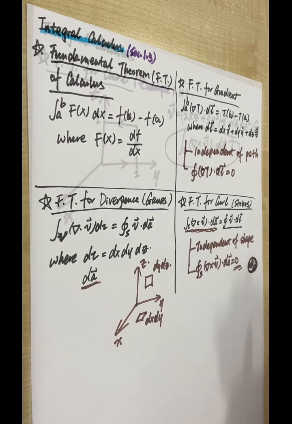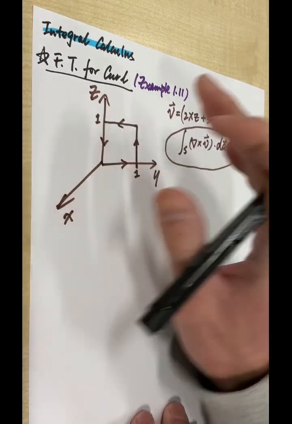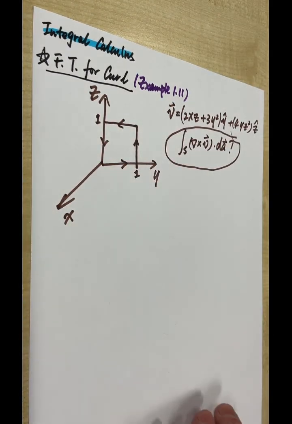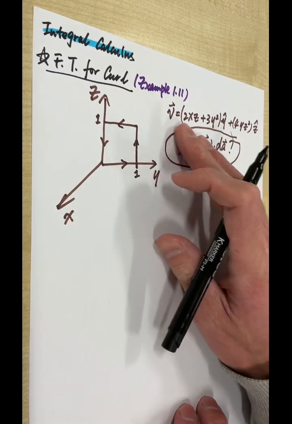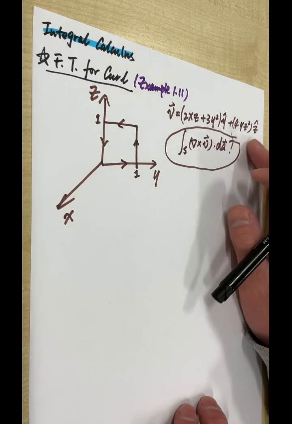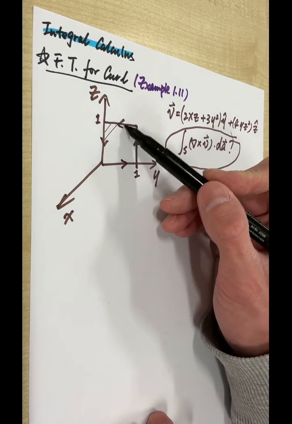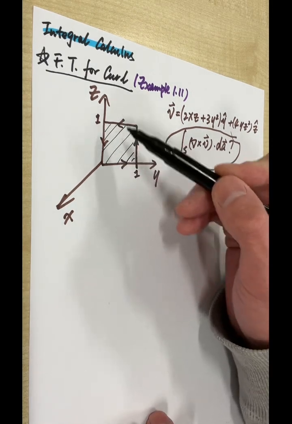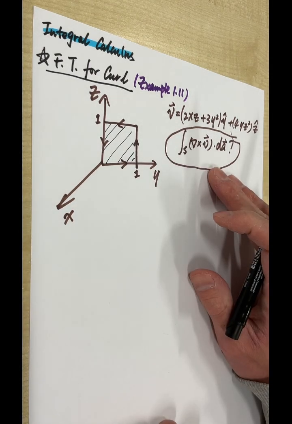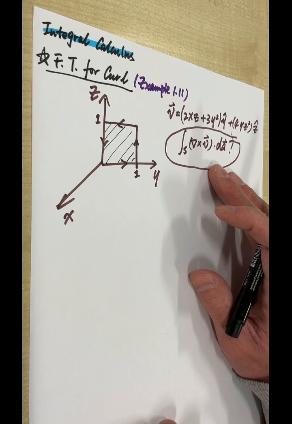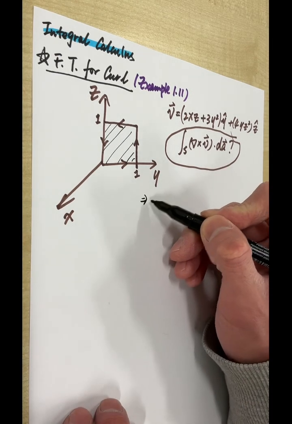Okay. Let's look at an example for the fundamental theorem for curl. So we have this square surface, and the vector is given by this. We have y direction and z direction. So the area is on the yz plane for this unit square surface. So the question is, what is the surface integral of the curl? So the first step is to calculate the curl.